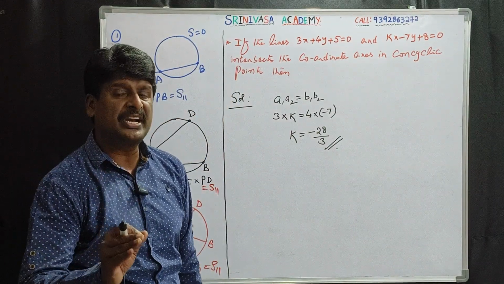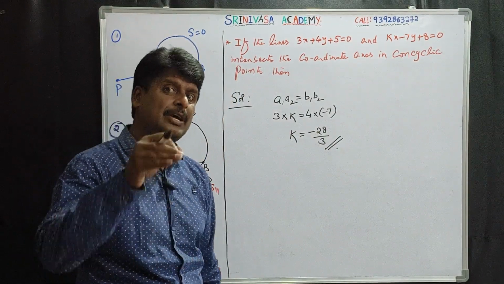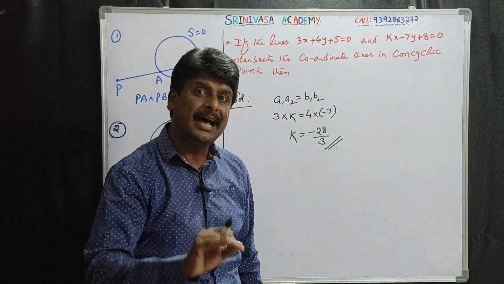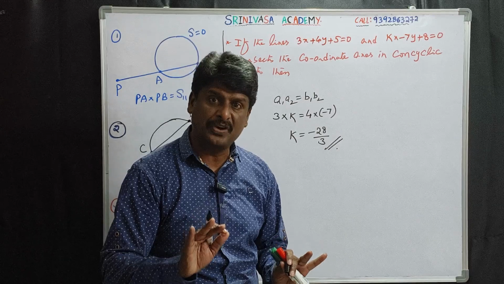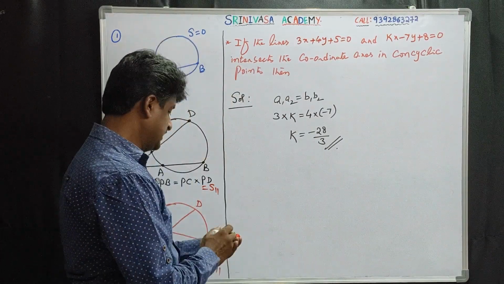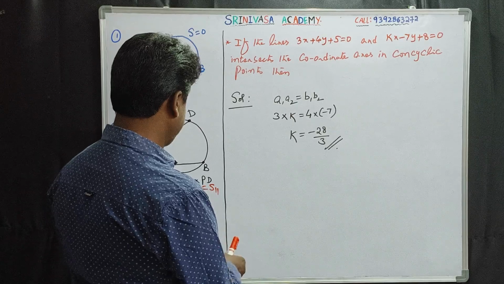Whenever two straight lines intersect the coordinate axes in 4 concyclic points, this is the procedure to find the unknown term. Okay, let's do one more problem.